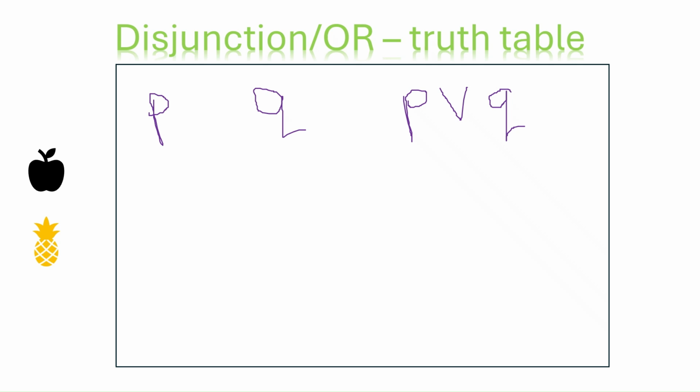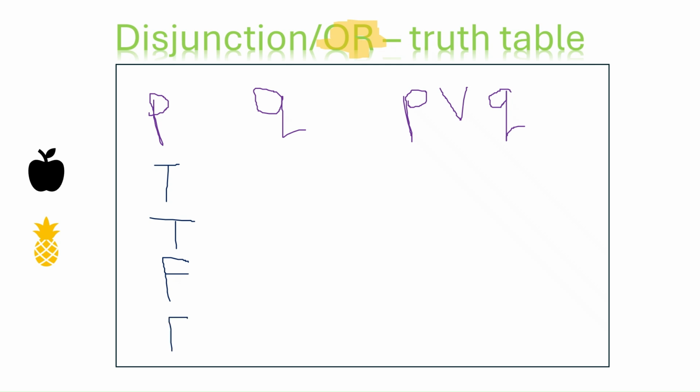And when you think of the word or, it's always about preferences. You might, you may, or you may not. Okay, so again, if you recall, I told you P and Q will always be fixed. So this is true, this is true, this is false, and this would be false.